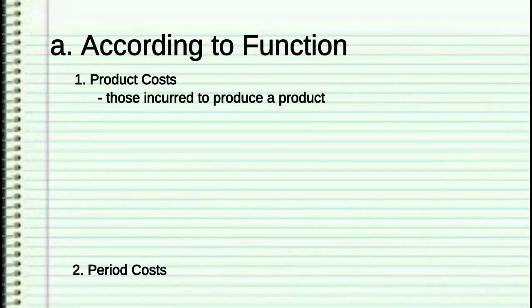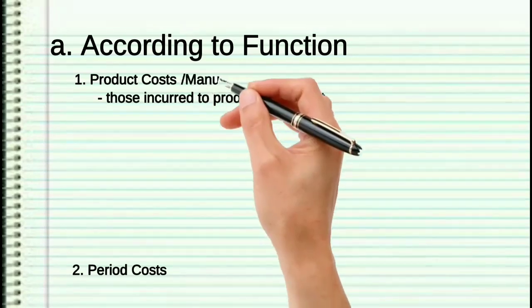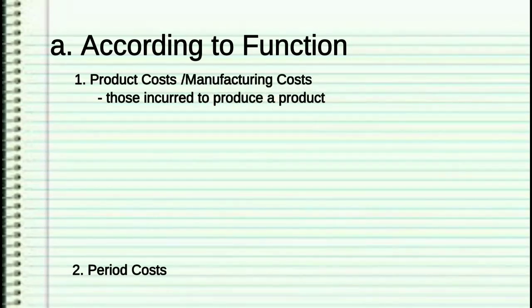From the name itself pa lang, masasabi mo na yung product cost ay yung cost na na-incur sa pag-manufacture ng product. And since ito yung cost na na-incur sa pag-manufacture ng product, ang product cost tinatawag din siya as manufacturing costs.